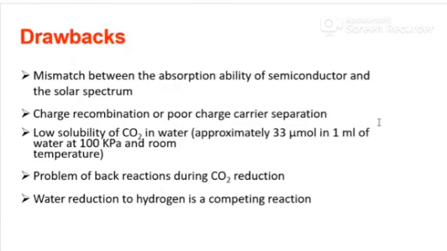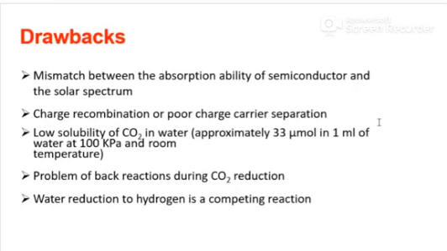Yes, there are some drawbacks for this work. There is a mismatch between absorption ability of semiconductor and the solar spectrum, and the charge recombination or poor charge carrier separation, because the holes and the radical ions or anions which are generated can recombine and decrease the efficiency of the photocatalyst.